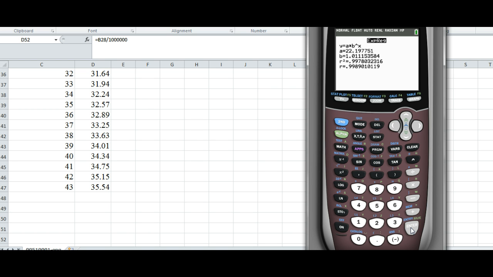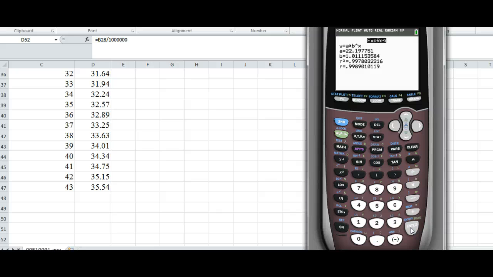0.9978. It's lower than the linear, but this is an exponential. It is population growth, and population growth generally follows an exponential regression. And so we've got some numbers there, right? Y equals 22.20 and 1.011.